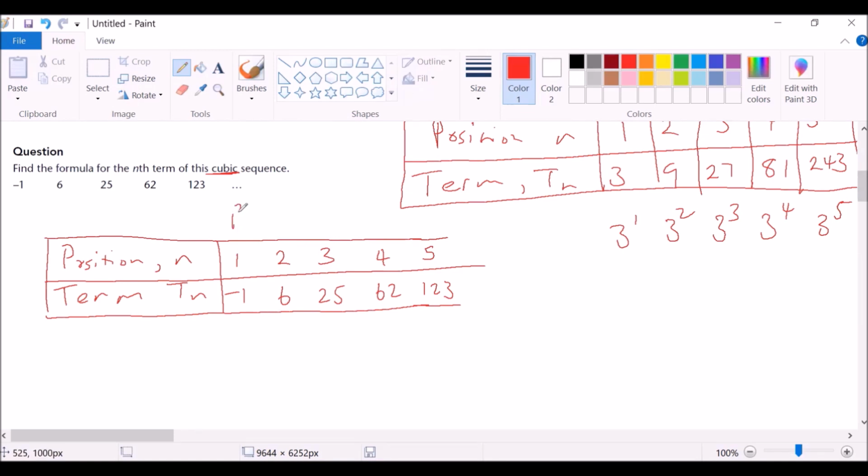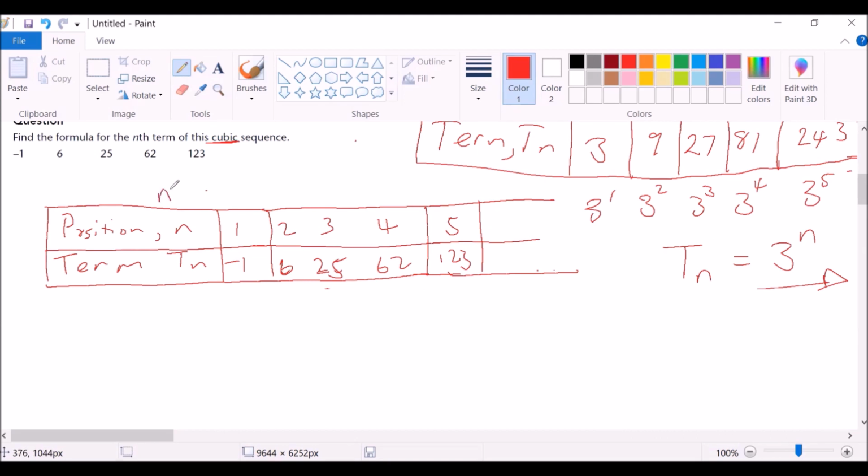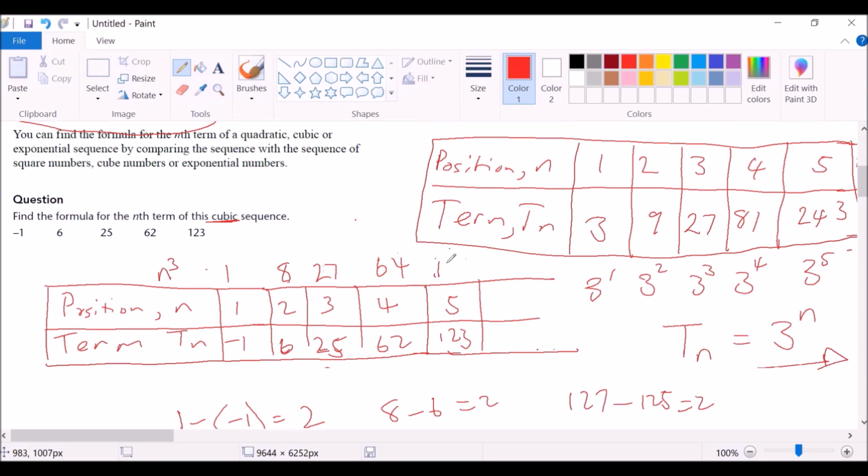We would want to find the cubes of our position, so we would want n cubed, which is 1 cubed, 2 cubed, 3 cubed, 4 cubed, 5 cubed. 1 cubed is 1. 2 cubed is 8. 3 cubed is 27. 4 cubed is 64. 5 cubed is 125.